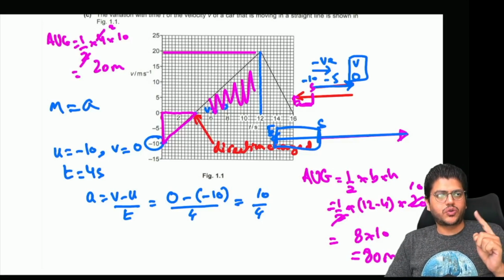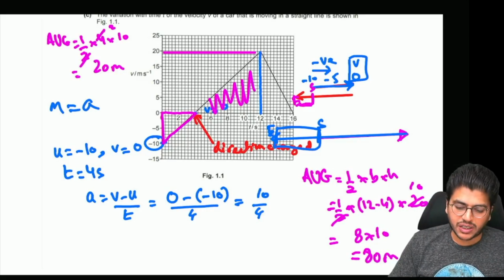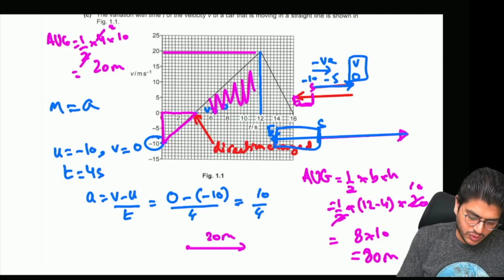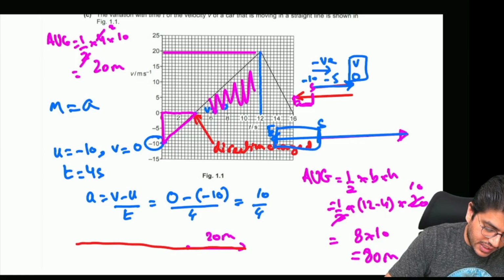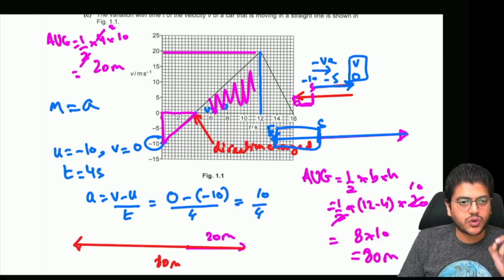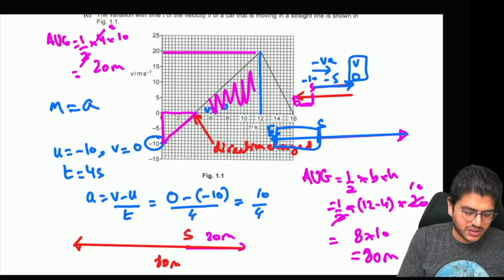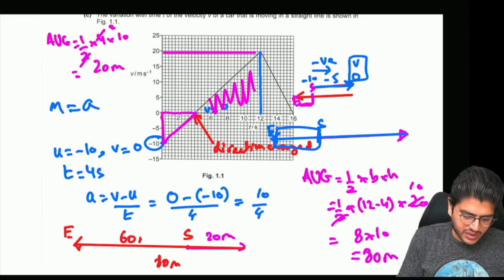So you moved 20 meters to the right and then you moved 80 meters to the left. Now you tell me. If you move 20 meters to the right, you stop. You change direction and you move 80 meters to the left. What is your displacement? Your displacement is going to be the shortest distance between your start point and your end point, which is going to be 80 minus 20, which is 60 meters.